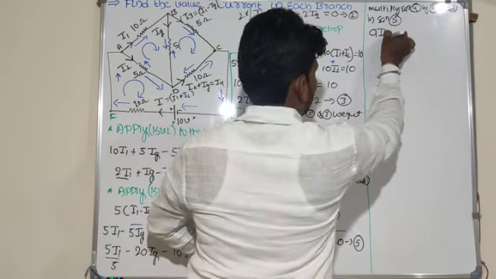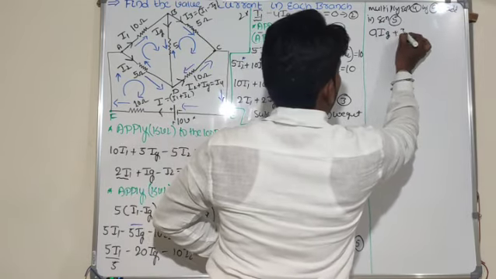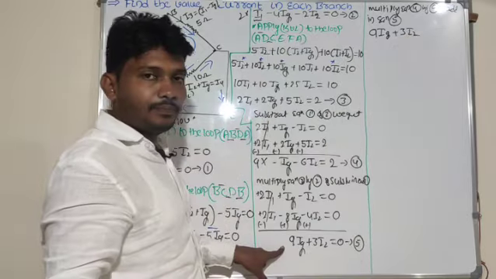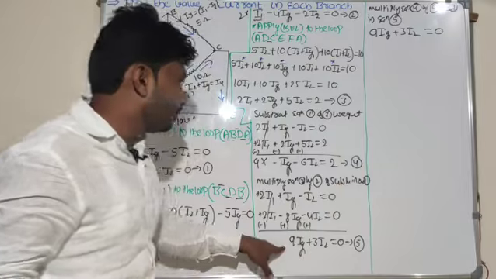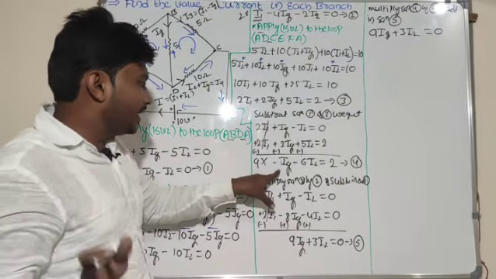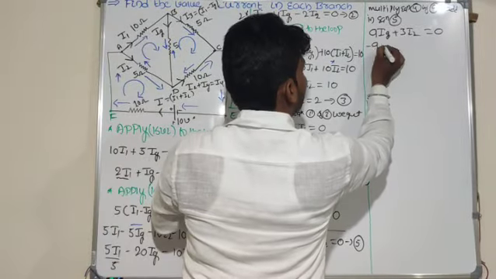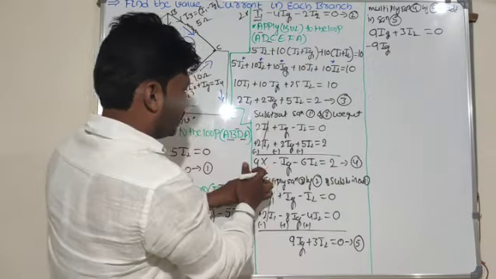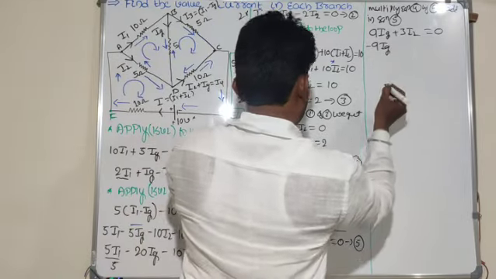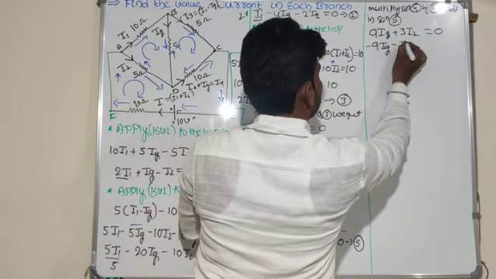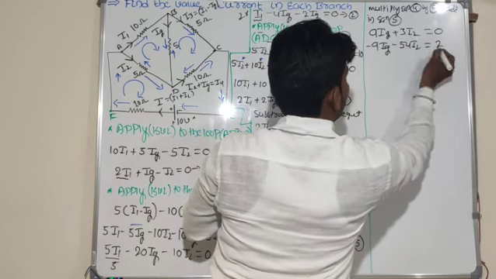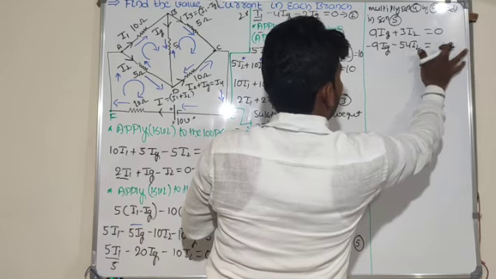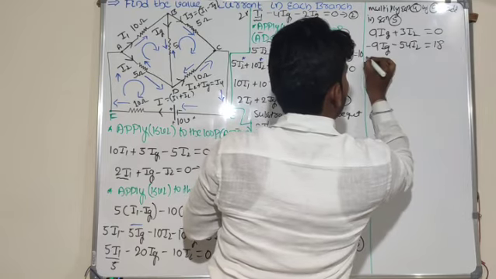First let me write equation 5 only. 9Ig plus 3I2, it is equal to 0. Now come to equation 4. Minus 9Ig, right? 9 into 6, 54 here, minus 54I2, it is equal to 18 here. 9 into 2, this is equal to 18.